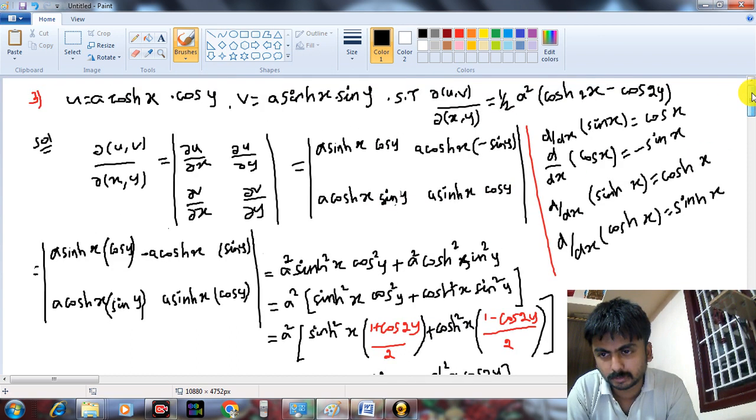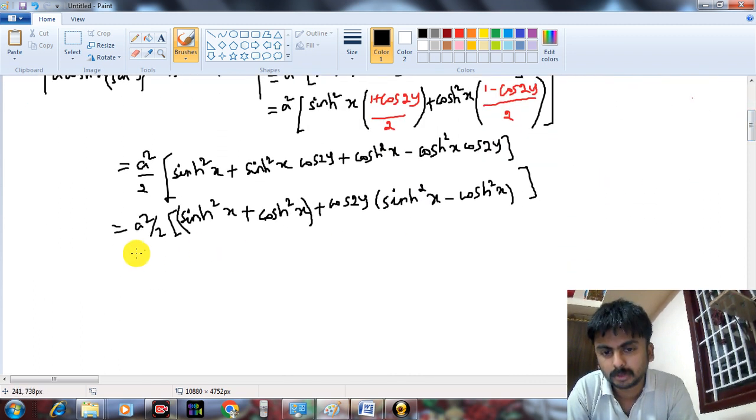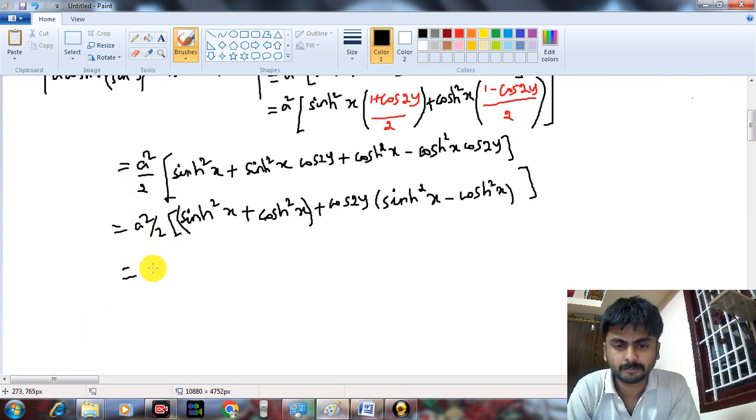Okay, now we are having, and we will get a square divided by 2 into, so sin h square x plus cos h square x is, so I shall write the formula for sin h square x here.